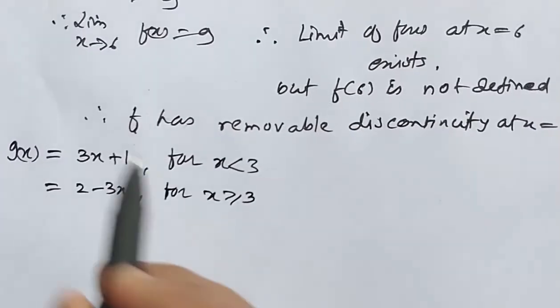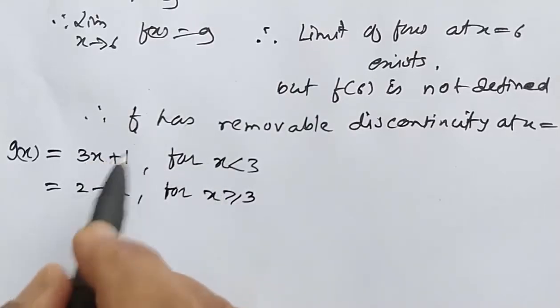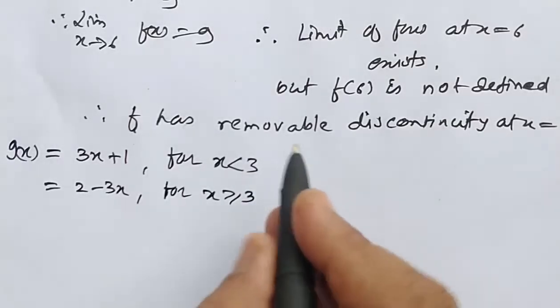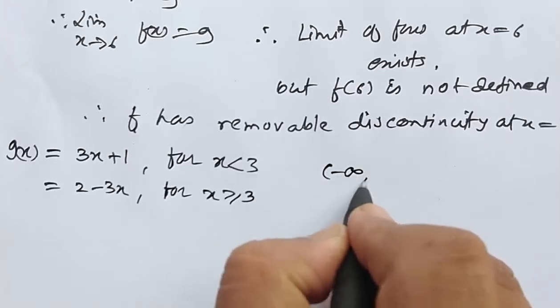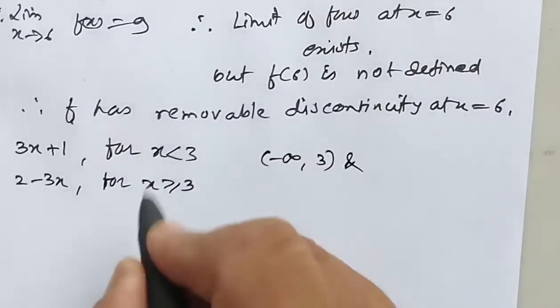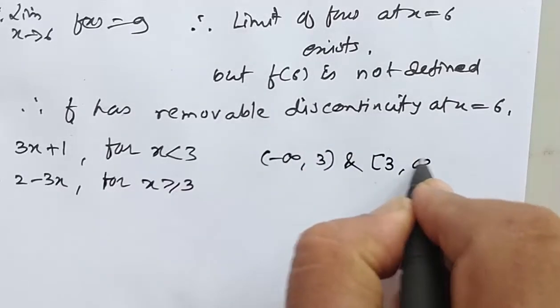Therefore, the function is a polynomial which is defined on two different intervals. The intervals are, one is minus infinity to 3 and the second interval is closed 3 to plus infinity.